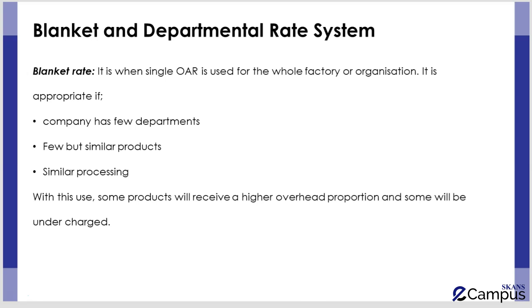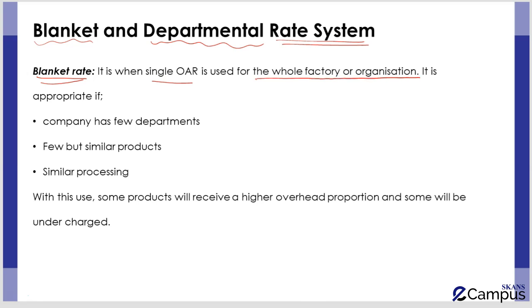Here it says there are two types of overhead absorption rate systems used in absorbing the overhead cost. One is the blanket rate system and the other one is the departmental rate system. Blanket rate system is when a single OAR is used for the whole factory or organization.